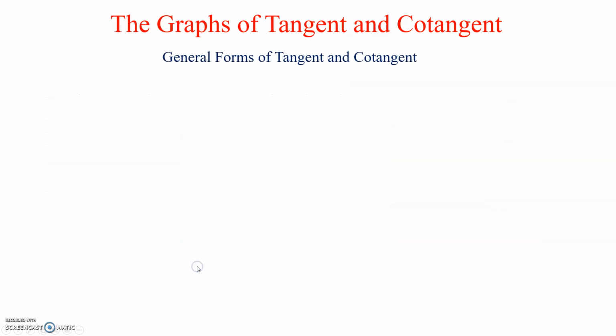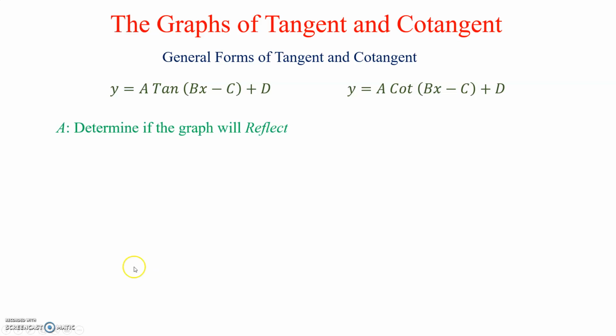Let's consider the transformations. The general form of tangent and cotangent, just like sine and cosine, has these variables a, b, c, and d. The a does determine if the graph will reflect, recalling that a is not the amplitude. Tangent and cotangent do not have an amplitude. However, it still has a coefficient a.